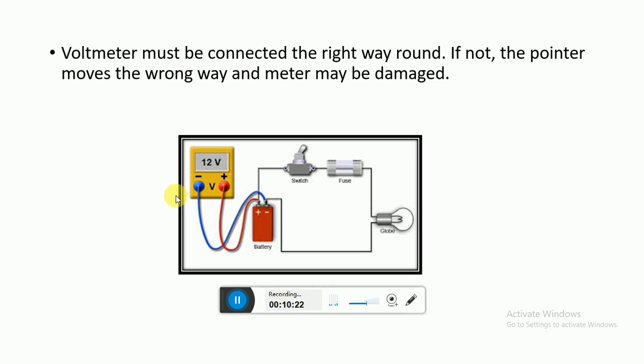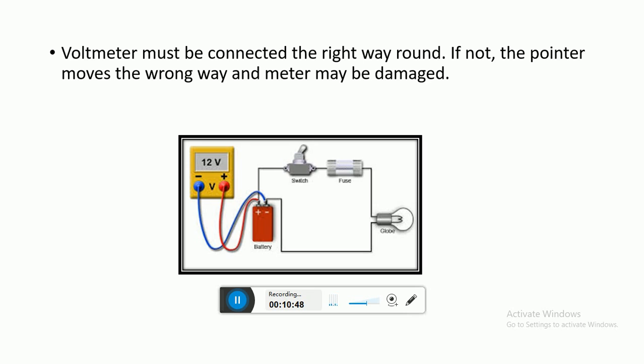So here is the correct voltage, and in this case we used a battery. Battery has a positive terminal and a negative terminal. As another example, if we want to determine the voltage of a cell, a 1.5 volt cell, if you look at the cell there are two symbols on it.